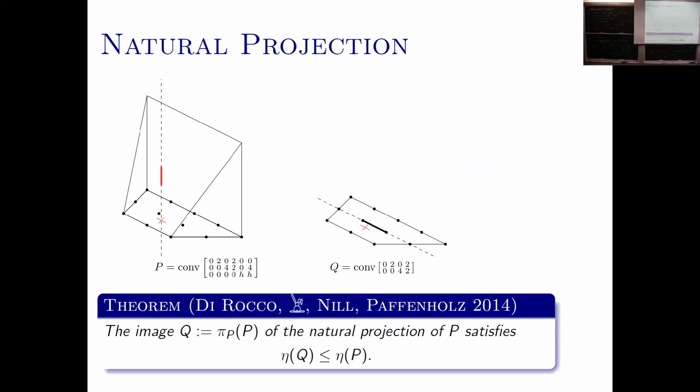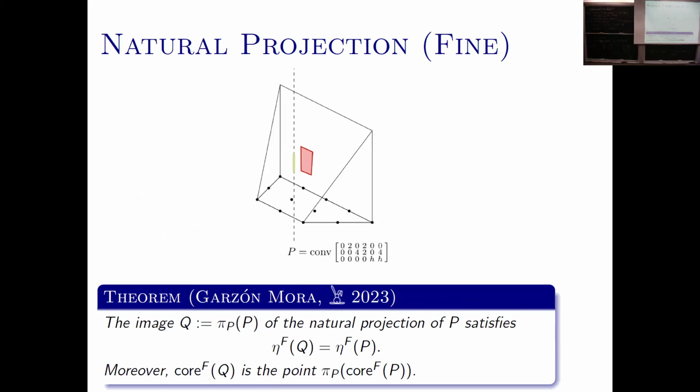This is just an example to show that this is a less than or equal sign here. This is the old stuff. If you project away the core, this eta value does not go up. But if you do the fine version of it, it just stays the same.